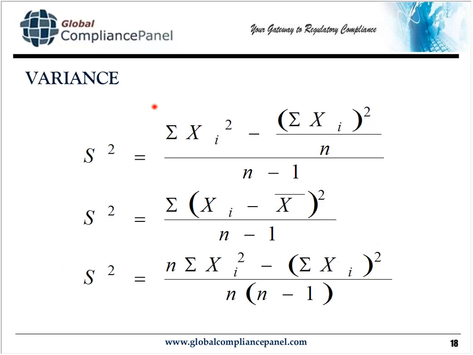Now, okay, these are the only formulas I'm going to show you. These are different formulas for calculating the variance. The middle formula here is actually the defining form for the variance. You take a bunch of numbers, supposedly measuring the same thing. And remember this, you have to be able to say that you are measuring the same thing.